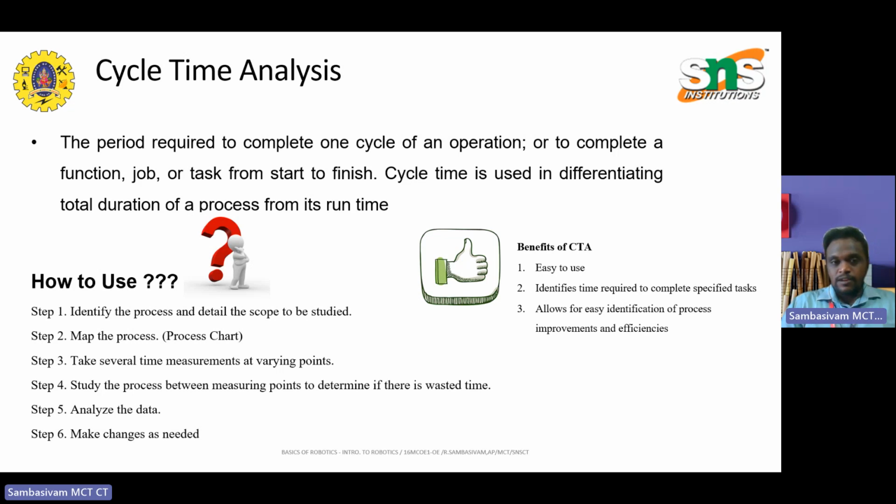The time required for each product is identified through this process, and we can also easily identify improvements and the efficiency achieved through this cycle time analysis. This is how cycle time plays a vital role and impacts time calculation in industrial engineering.